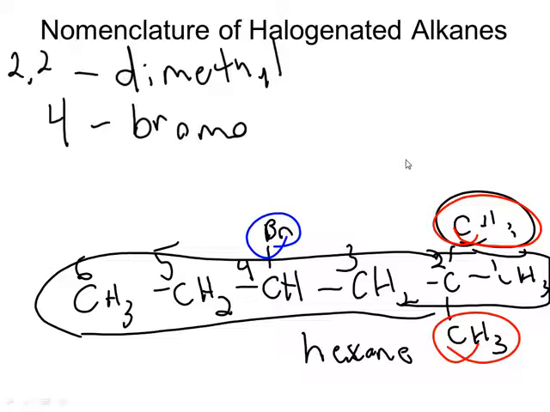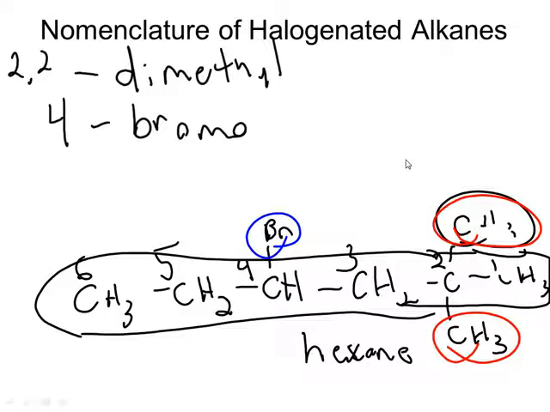We have to figure out the order. The order is always based on alphabetical order. We consider all alkyl groups and halogen substituents to be of equal weight. So we're not preferring one over the other, either in order or in numbering. All we do is go right back to alphabetical.